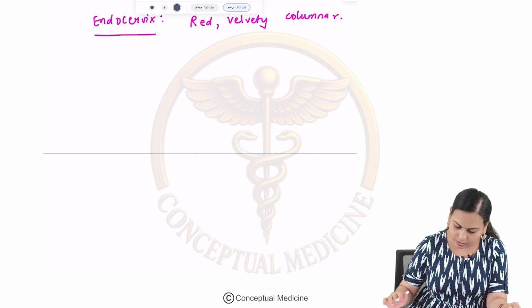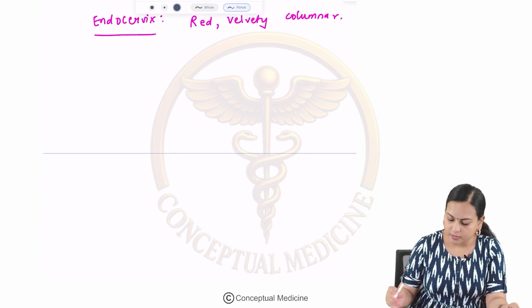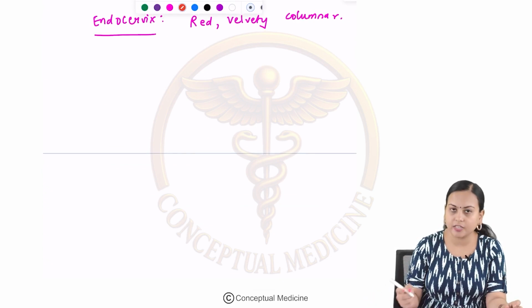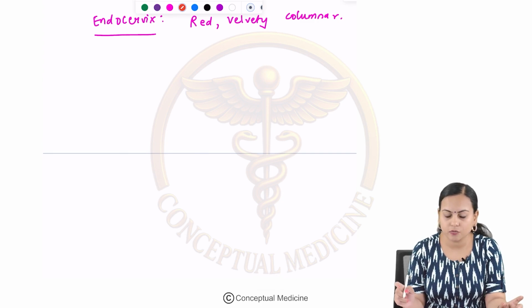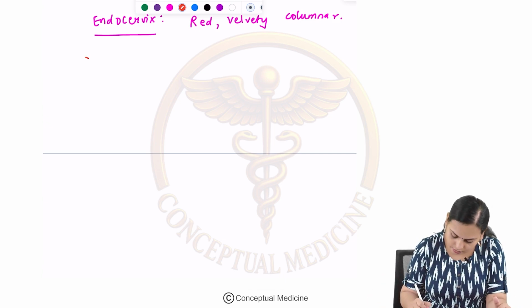Okay. Now, we have to know one transition point of these two, the meeting of these two. We have to know something about squamocolumnar junction. That is nothing but the meeting point of the ecto and endocervix, that is the squamous and the columnar epithelium.